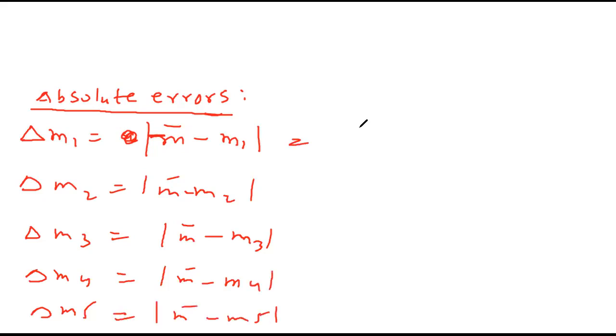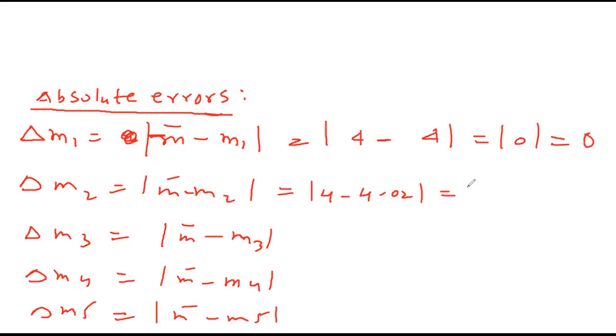So M bar we got 4 minus M1 is 4, that is 0. M bar 4 minus 4.02, that will become minus 0.02, that is nothing but 0.02. Then 4 minus 4.04, that will become minus 0.04, so equals 0.04.